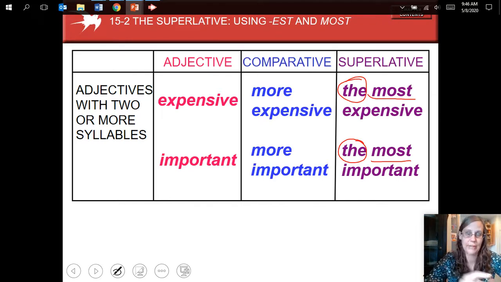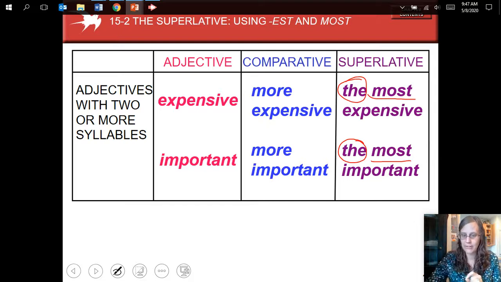Important, three syllables, three sounds. So that is why we need most. So basically, anytime you use more for the comparative, change that to the most for superlative.